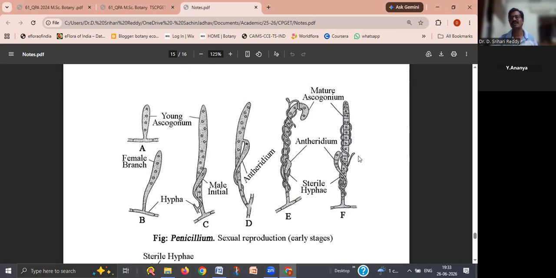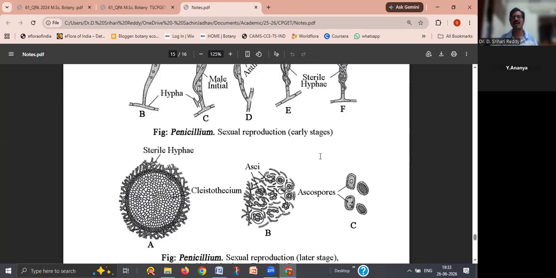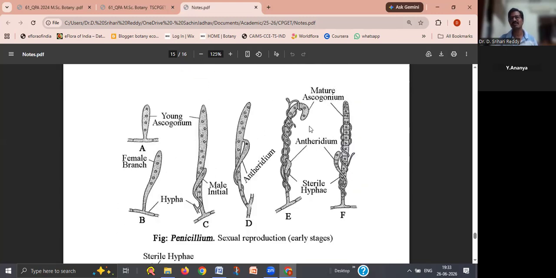After the zygote formation, the structures formed from the ascogonium are called ascus.